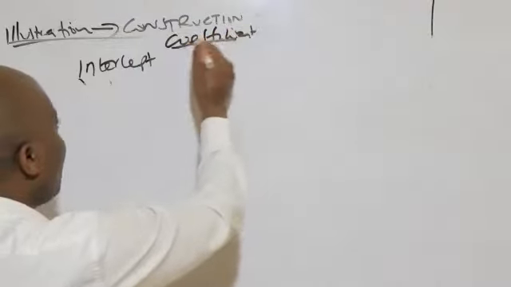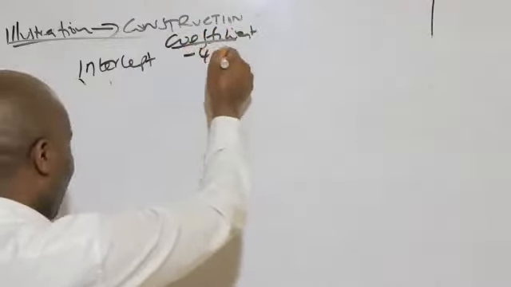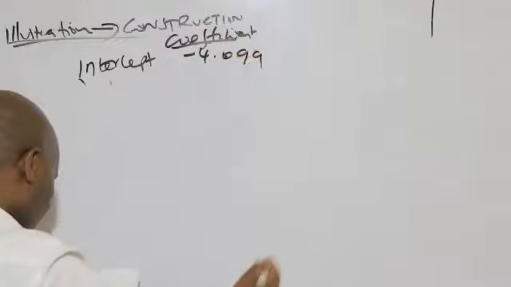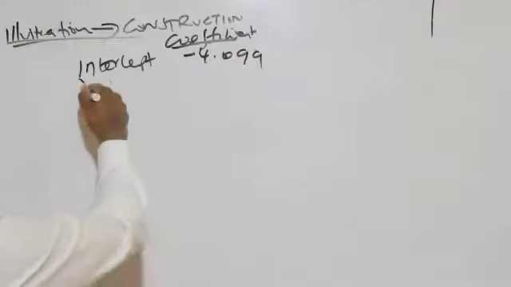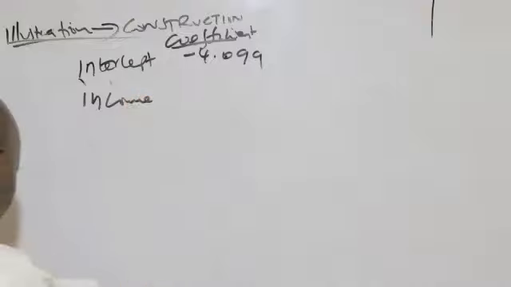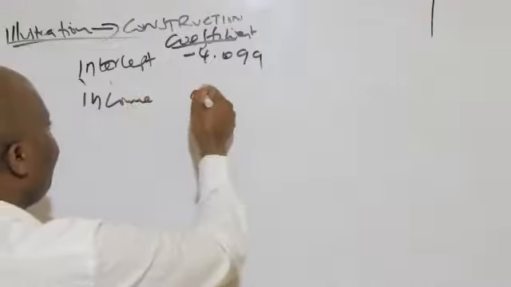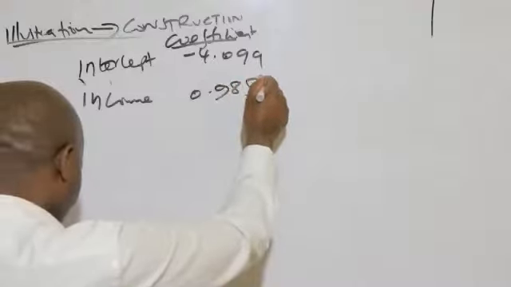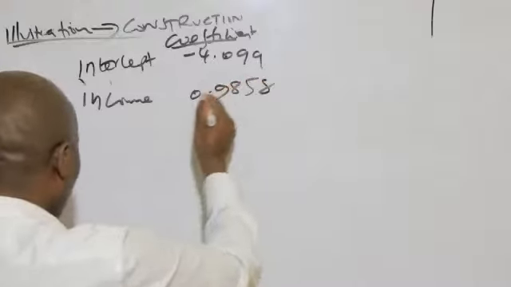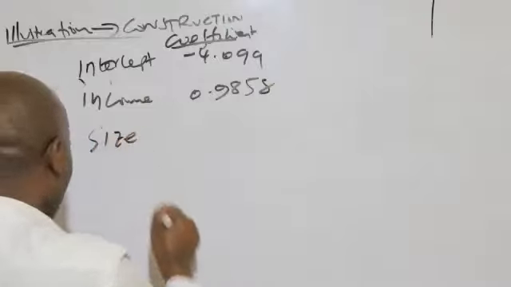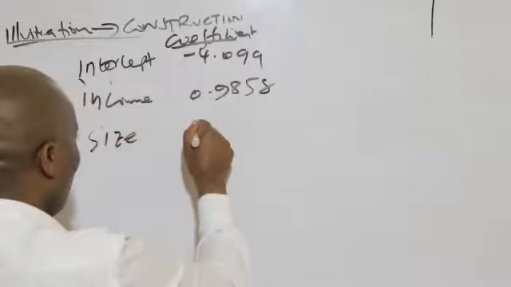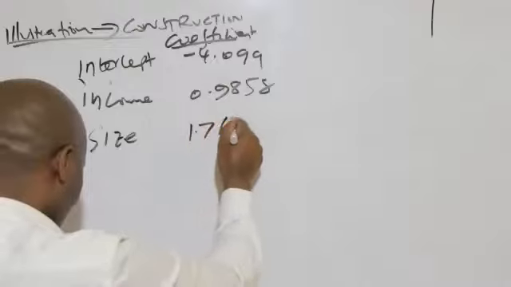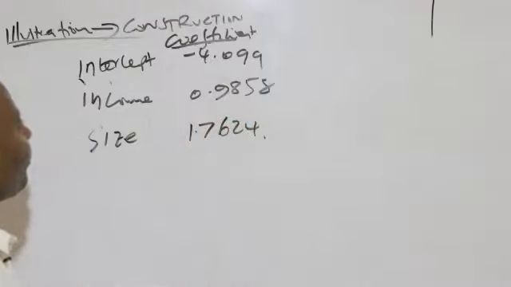The coefficient here is minus 4.099. The coefficient of income is 0.9858. And then we have the size, which is 1.7624. So they want me to do something very easy, to give them a regression equation.